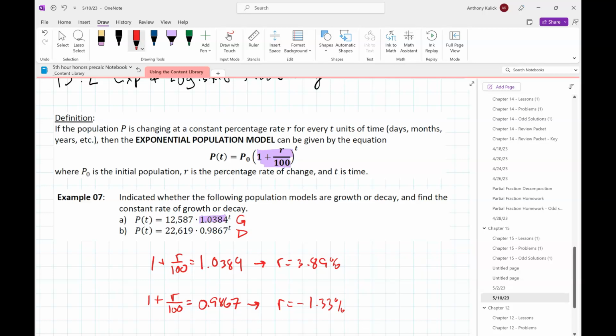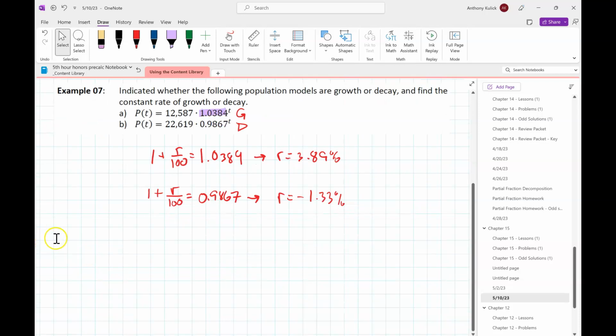So if you include the word decay in the name, you can drop the negative sign because the decay kind of takes the place of a negative sign there. If you don't use the word decay, you should include the negative sign to show that it is a decay situation. But that's just a little bit of vocabulary. Not a big deal, but worth mentioning.